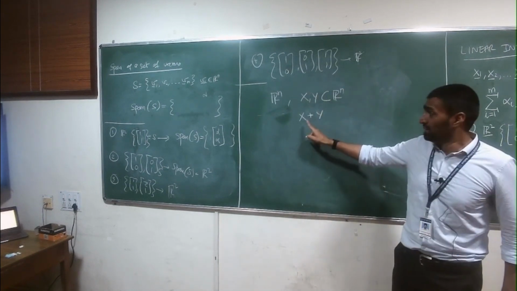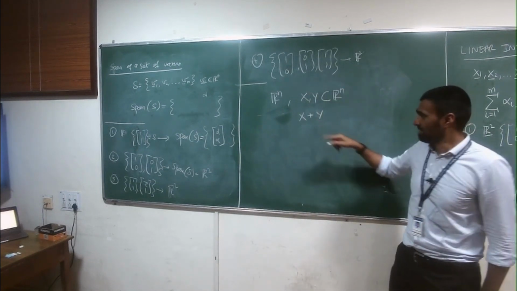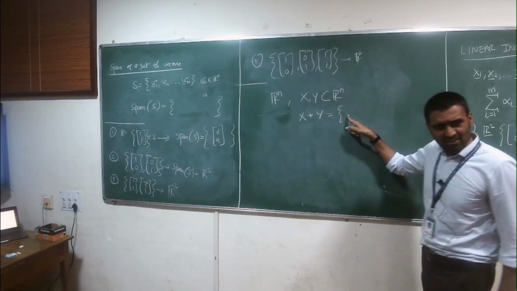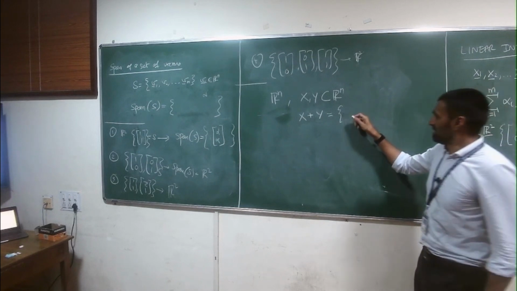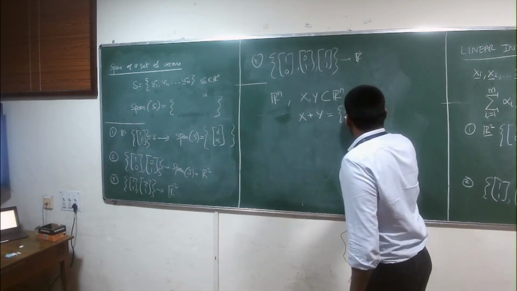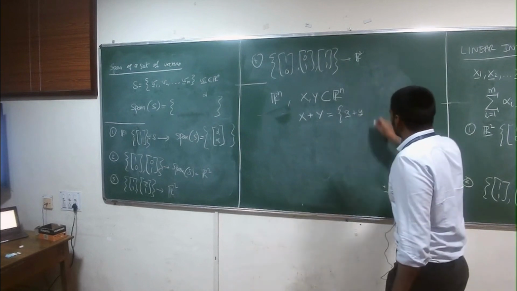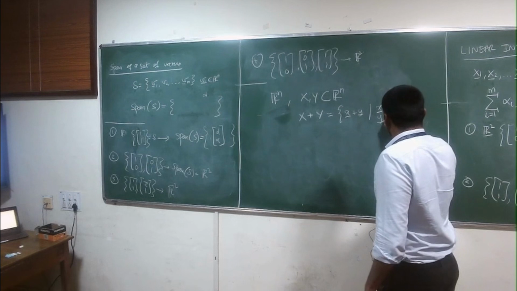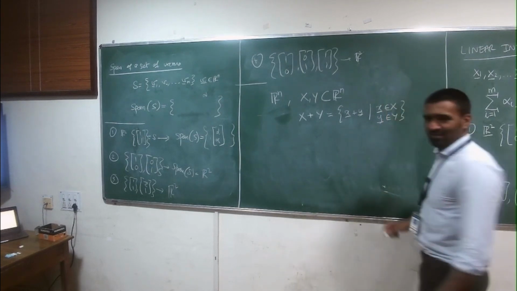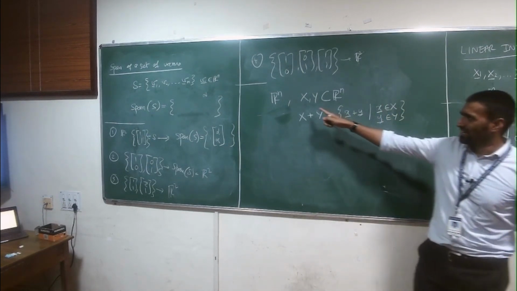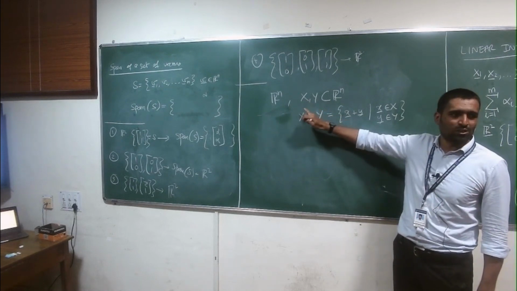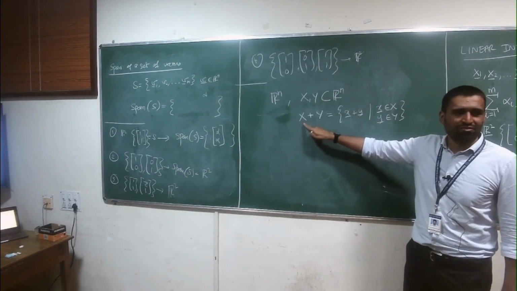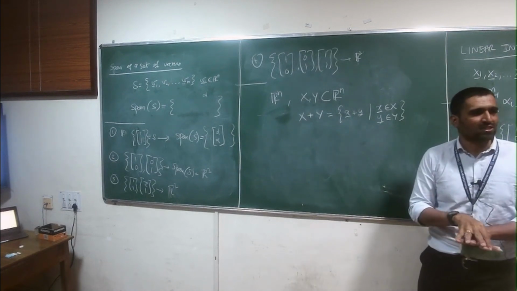We can define an addition operation between two subspaces, and that's simply defined as a set of vectors which are the sum of two vectors x and y, such that the x vector comes from the subspace X and the y vector comes from the subspace Y. This essentially means you take the sum of all possible combinations of vectors from the two subspaces, and that is the definition of adding two subspaces together.